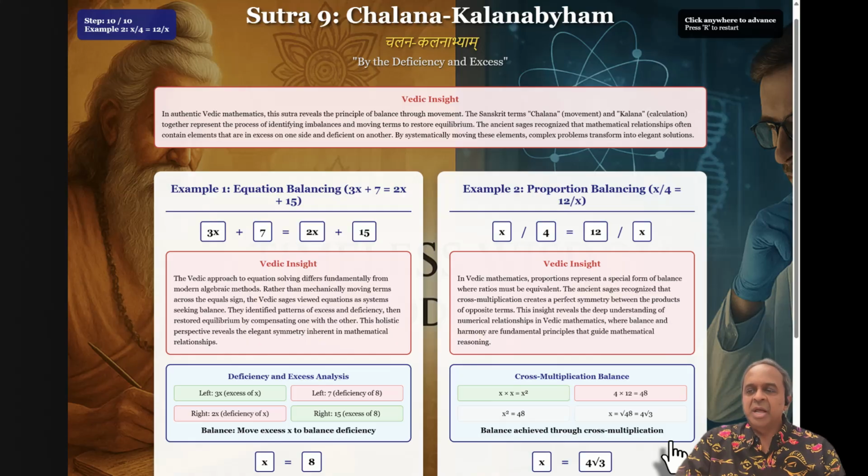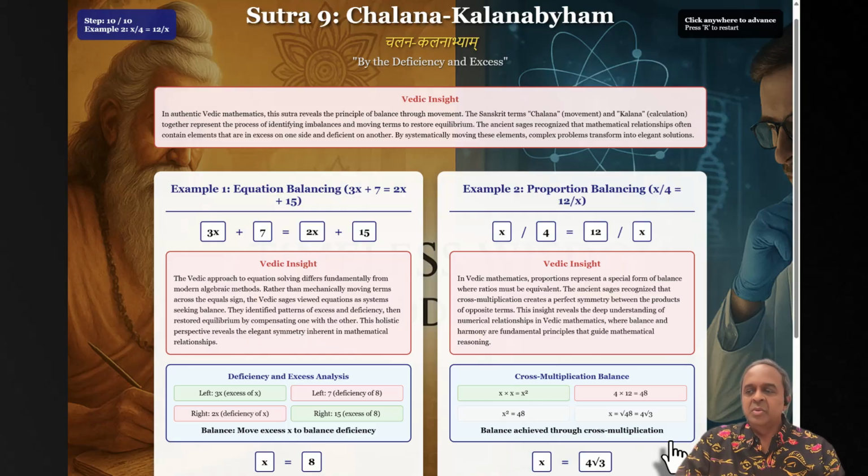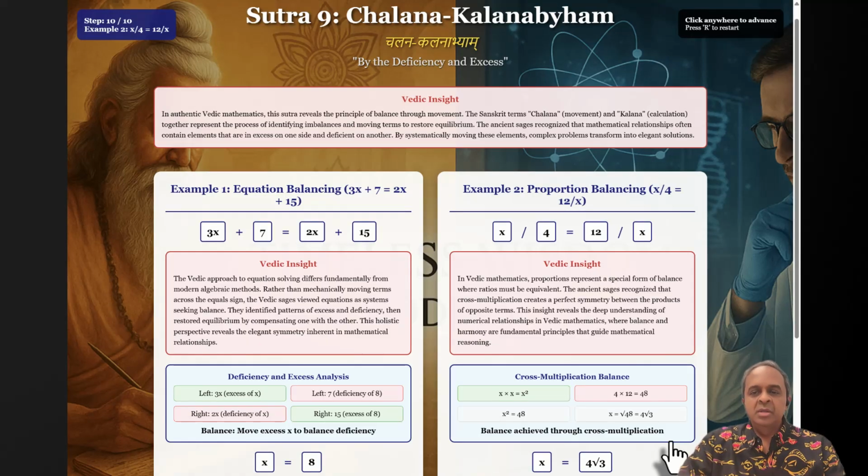This principle applies to linear equations, proportions, and many other mathematical relationships. The Vedic insights we have explored reveal the profound mathematical understanding of the ancient sages, who viewed mathematics not as a mechanical process of symbol manipulation, like how modern math does, but as a harmonious system where balance and equilibrium guide our path to solutions.